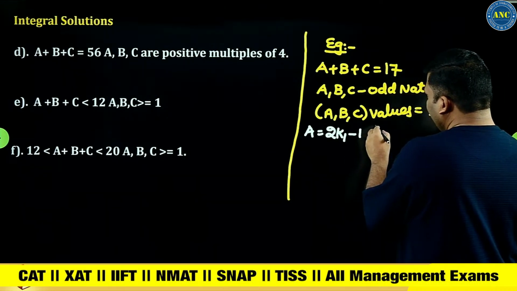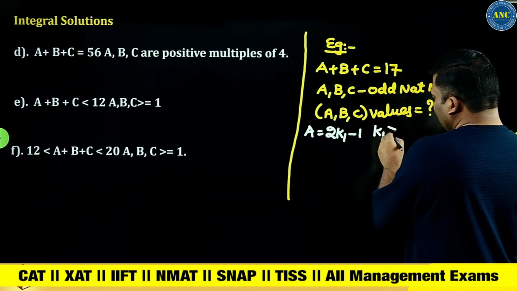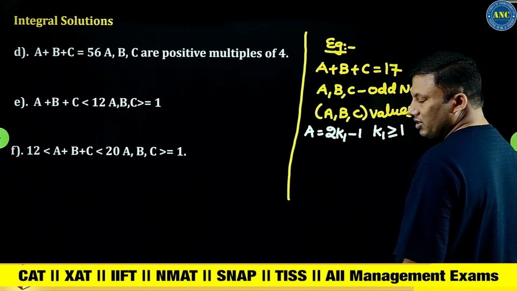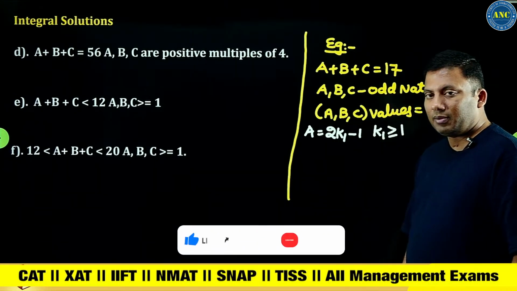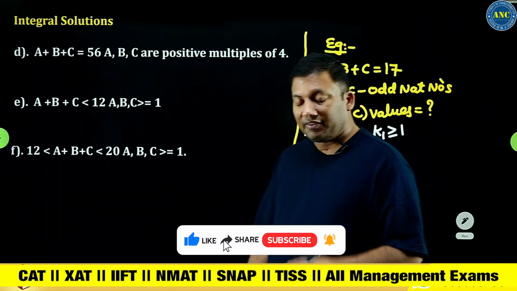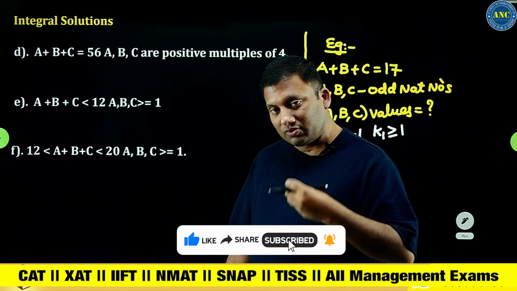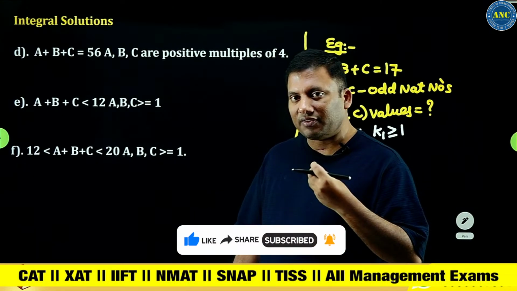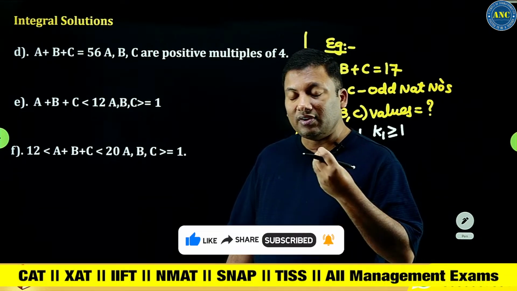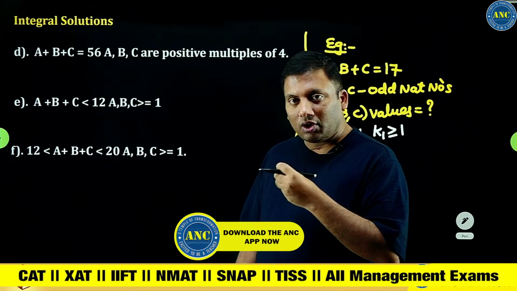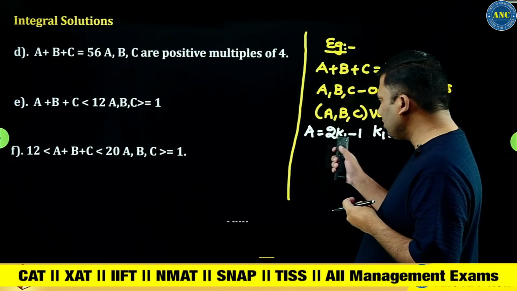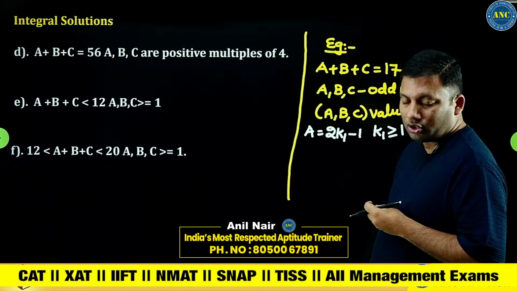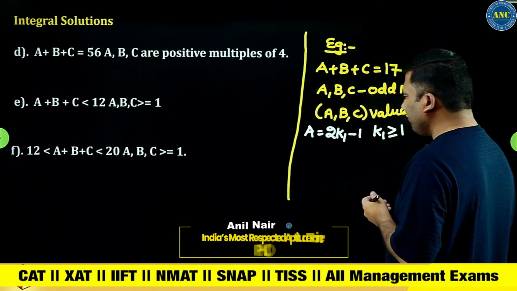I want the variables to start with 1 because I know the process for a positive integral solution. If I take 2k1 plus 1, the lowest value of k1 is 0. That will become non-negative. Positive means the variable should start from 1.